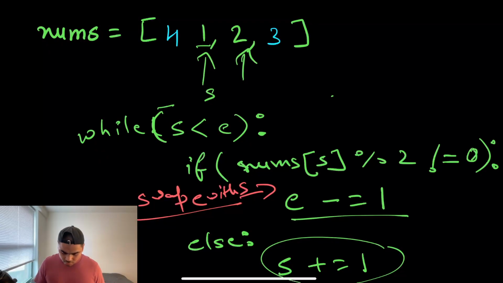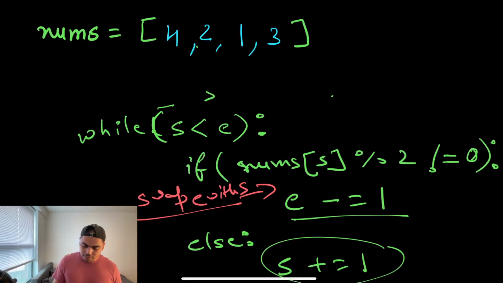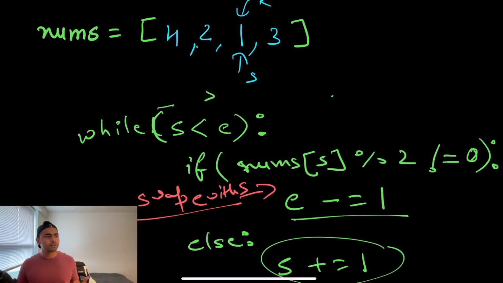This is odd, so we swap these two, and in the end it will become 2 and 1, that's it. Now s and e are equal, so we are done.